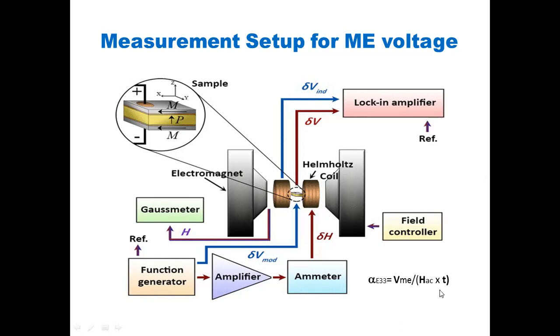So with the help of this formula, we are calculating the magnetoelectric coefficient. This is a little bit complicated, but this experiment could be done successfully without any problem, and you can measure the ME voltage, magnetoelectric voltage across the sample, and then you can calculate the magnetoelectric coefficient with the help of this formula.